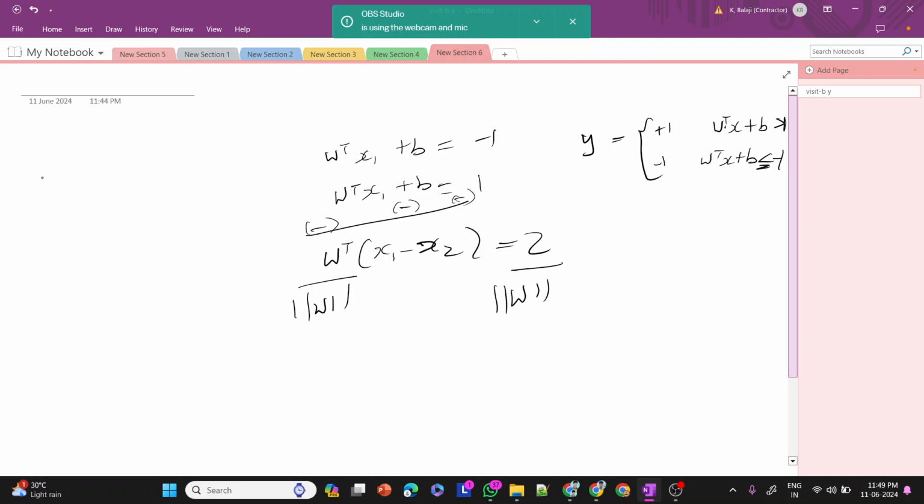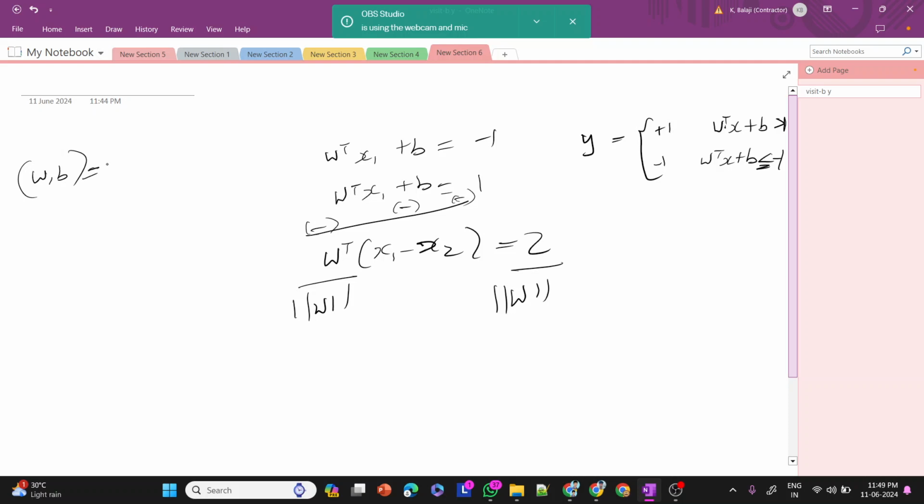We have to consider another thing. Whenever we train this model, we need to update the weight and bias. This weight and bias should be smoothly updated.